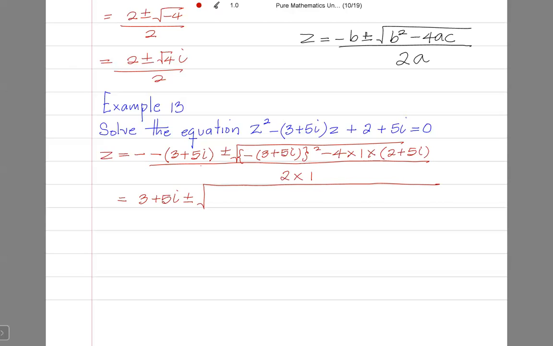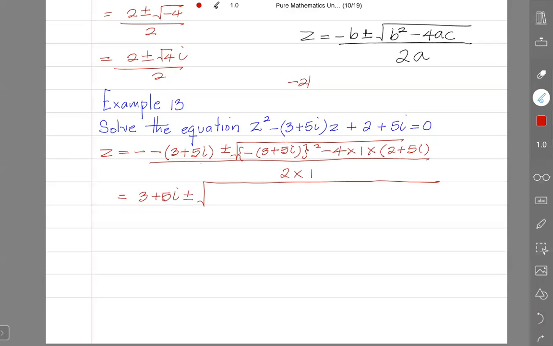We're going to square 3 plus 5i. Please note, what can you tell me about minus 2 squared? Just 4? It's positive. What can you tell me about minus 2 squared and 2 squared? They're both positive 4.